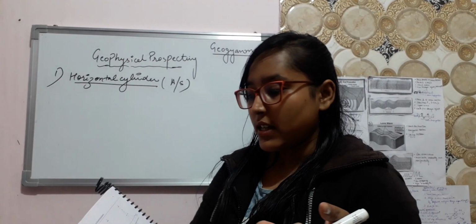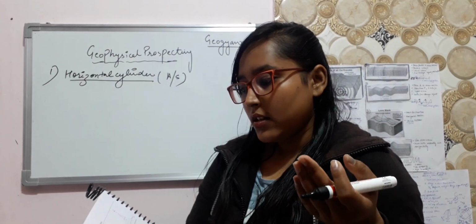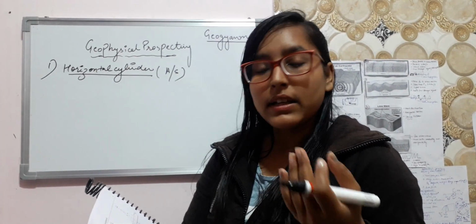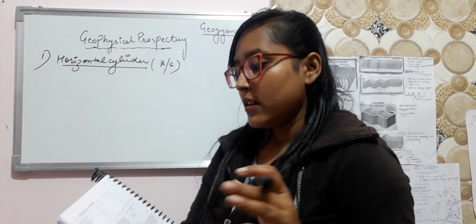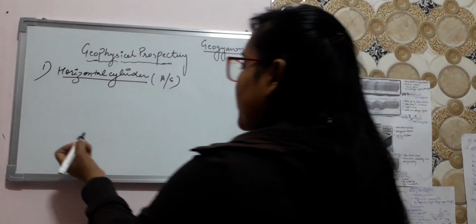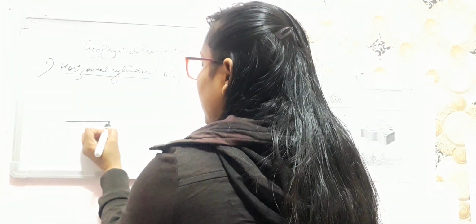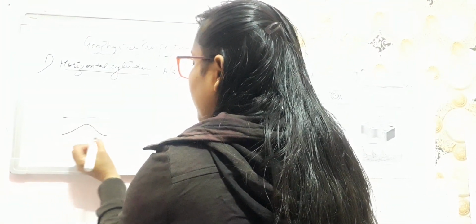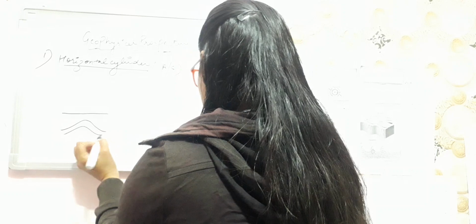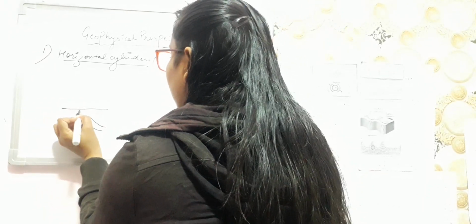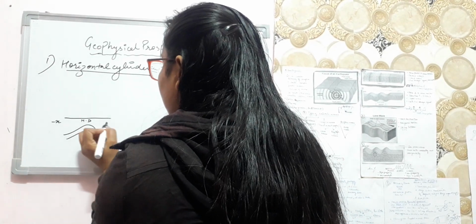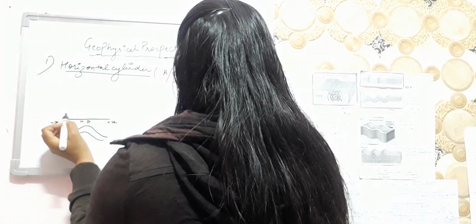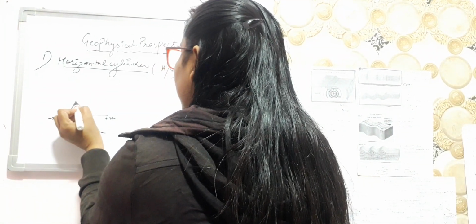Draw a model which has been given in the William Lowrie book at page number 92. You can also refer to this book for the geophysics part. So I'm going to draw this. This is the anticline. This is the horizontal distance, minus x to plus x, and this will be the anomaly.